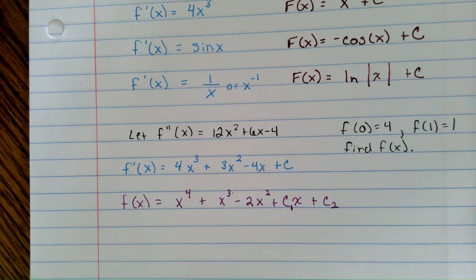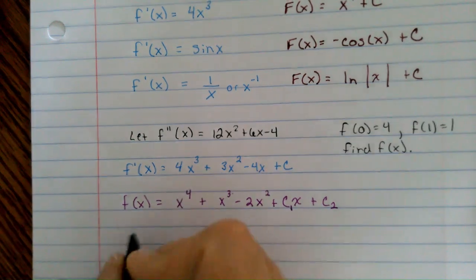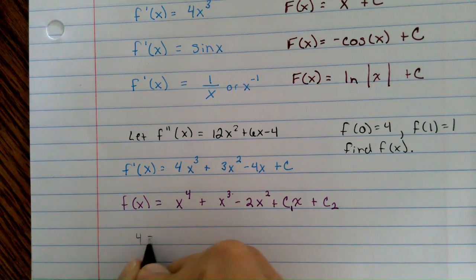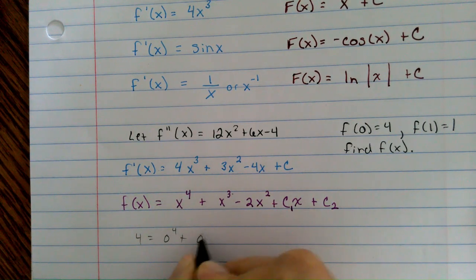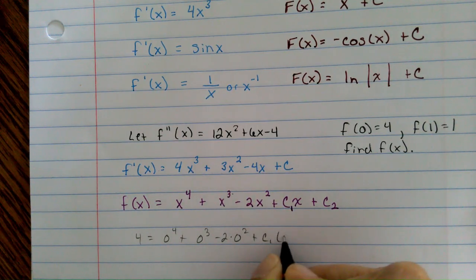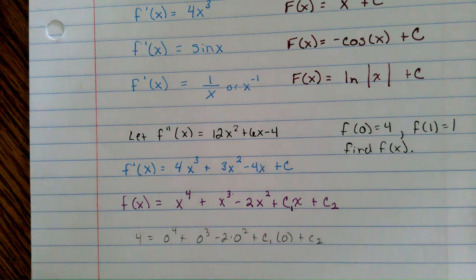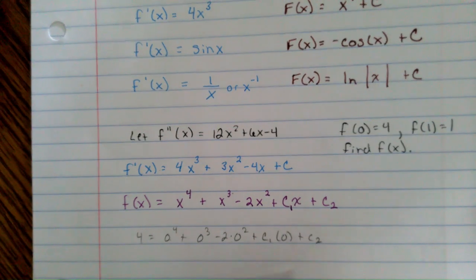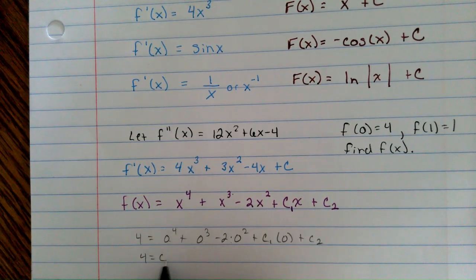Okay. I do, however, know that 4 will equal 0 to the fourth plus 0 cubed minus 2 times 0 squared plus the first constant times 0 plus constant 2. 0 plus 0 minus 0 plus 0, that all goes away. 4 equals constant 2.